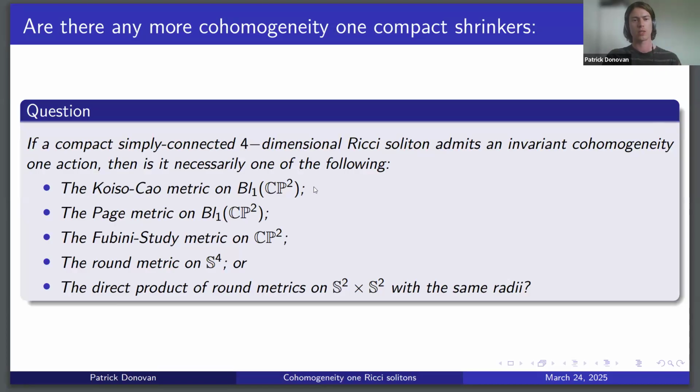So I have the Koiso-Cao metric we said before. I have some Einstein metric on the same space called the Page metric. And then I have 3 really obvious examples: the Fubini-Study metric, the round metric, or the direct product of round metrics. Are there any more? We conjecture that there's probably not any more, and we'll see some numerical evidence for that.